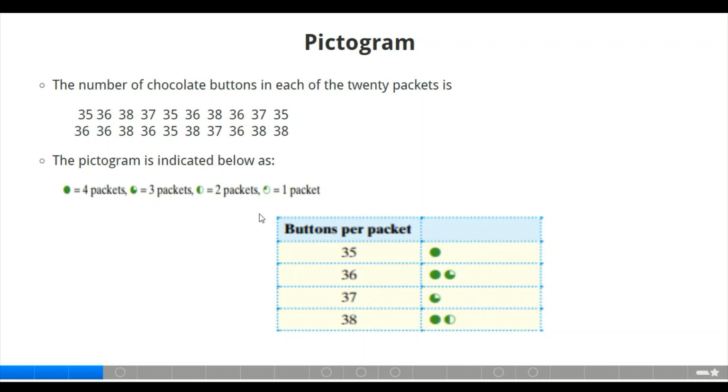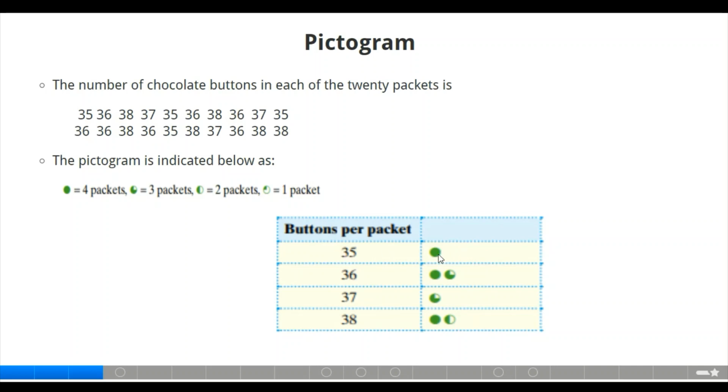So we want to use our pictogram to illustrate this information. If you look at this here, a full green circle stands for 4 packets, three quarters of a circle is 3 packets, half is 2 packets, and just one quarter of the circle is 1 packet.